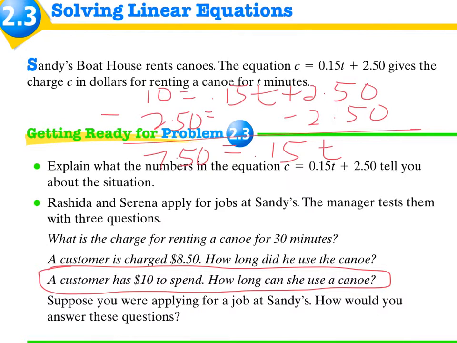We're almost done. We divide both sides by 0.15 once again, and this time T equals 50. So $10 will get you 50 minutes renting the canoe.